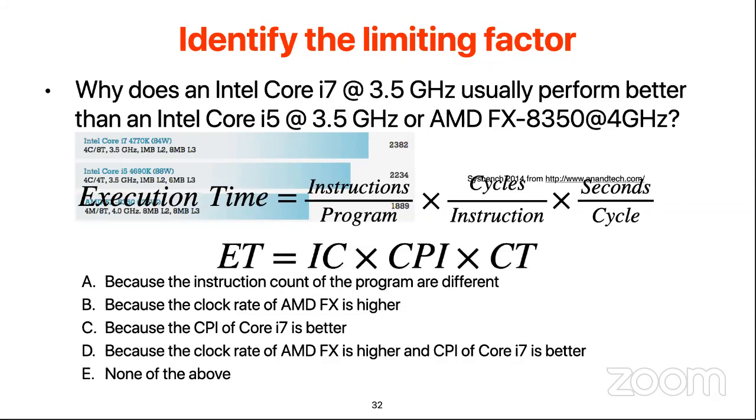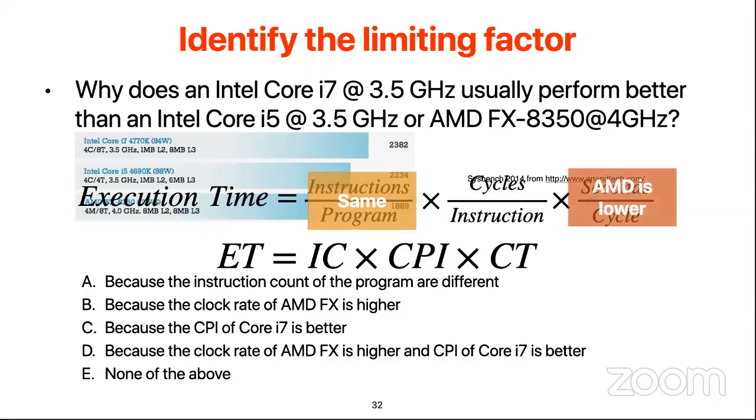So if I have a program like this running on two different processors, one thing you will figure out is that if it's the same instruction set architecture and the same program, the instruction count should be the same. And the lower cycle time, or say higher frequency, would drag the execution time down.